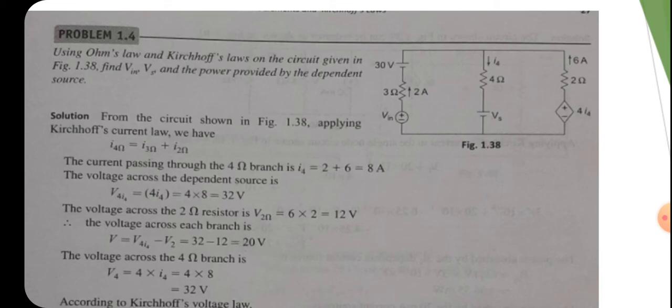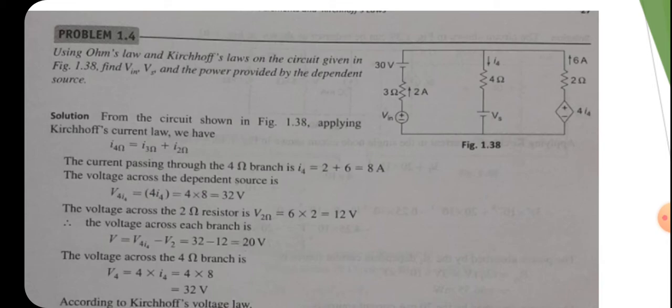Therefore, we can find the total voltage across the series combination of 2 ohm and dependent voltage source, which will be equal to voltage drop across 4I4 minus voltage drop across 2 ohm. Okay, this is by Kirchhoff's law.